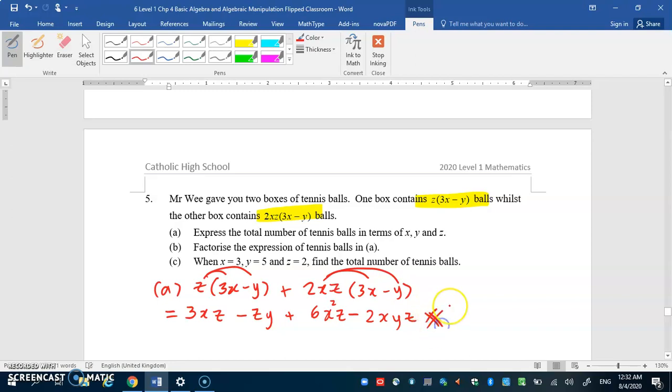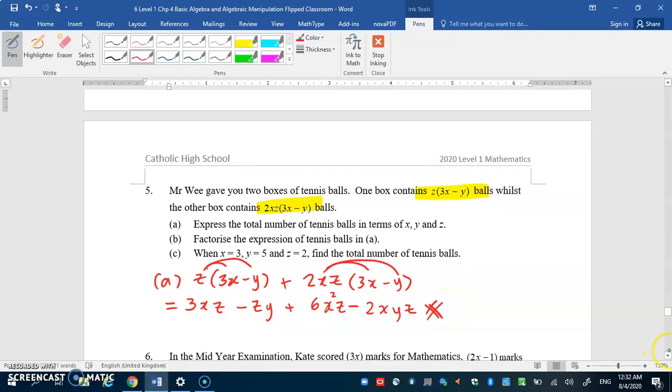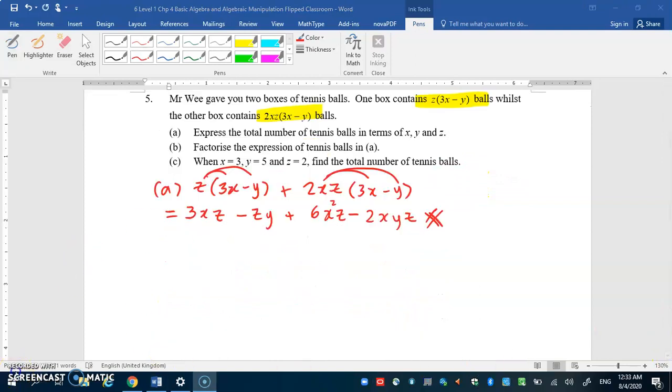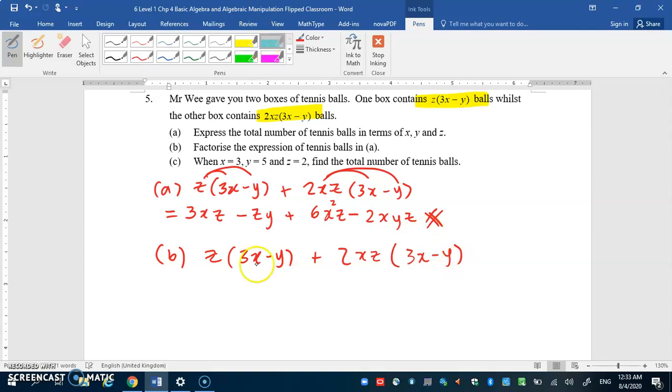Now, factorize the expression of tennis balls in A. Part B is asking you to do a factorization. If you look at part A, the first step is already factorized for you in a way, because the 3x minus y is already grouped for you. If I wrote it as z(3x minus y) plus 2xz(3x minus y), this 3x minus y is actually the common factor already.